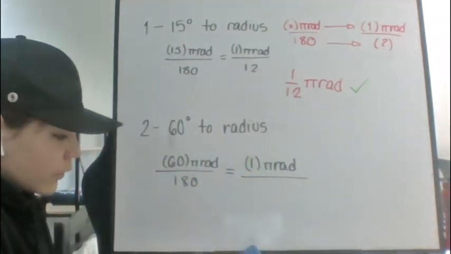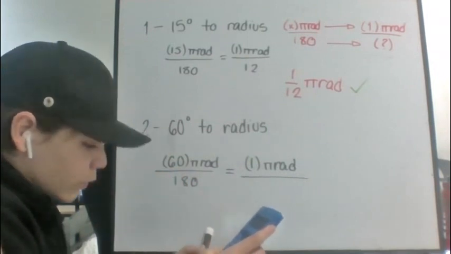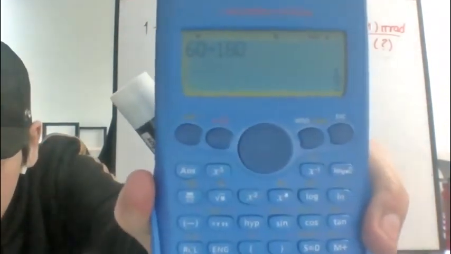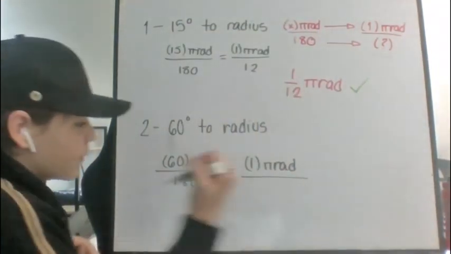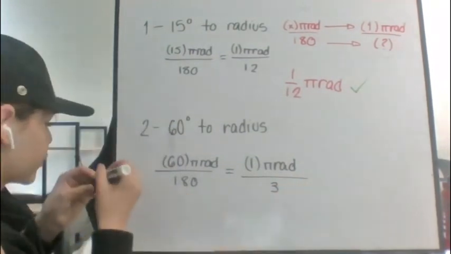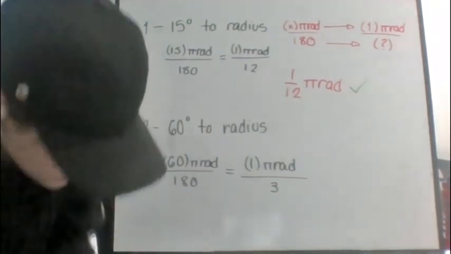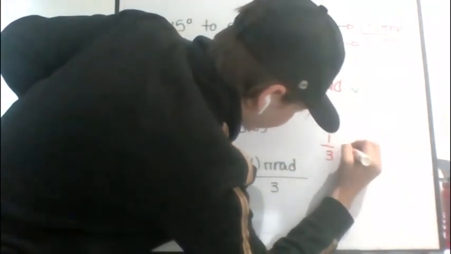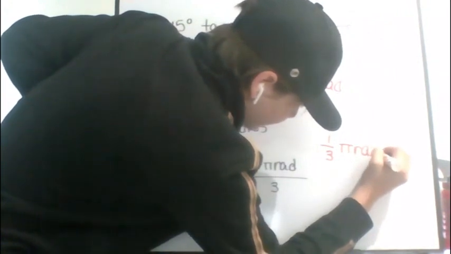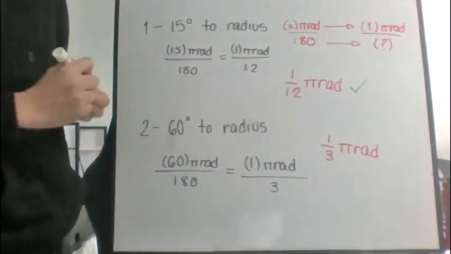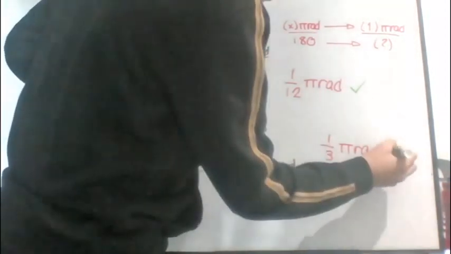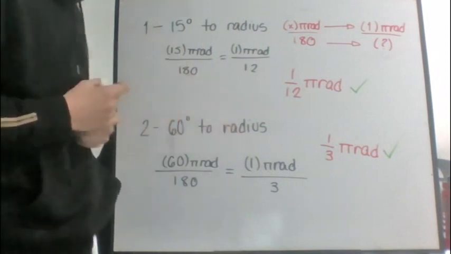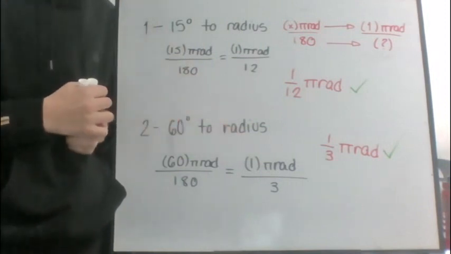In this case, it will be 60 times 1, which is 60, divided by 180, and it will be 1 over 3. But as we already know, this doesn't stay like this. We have to put it as 1 over 3 times pi rad. And now we will have the correct answer for both. And as you can see, it is very simple, and these are the answers for these problems.